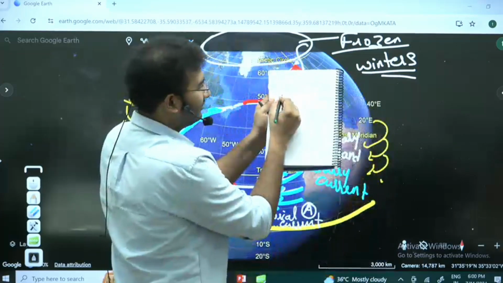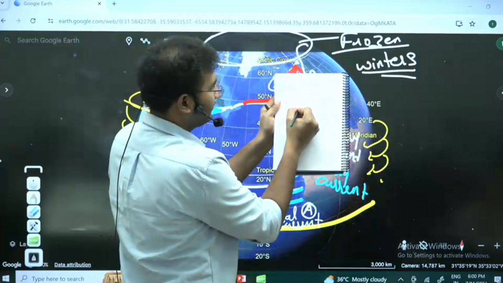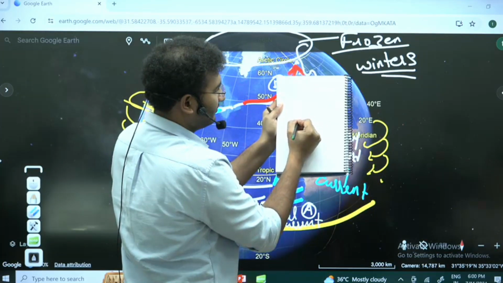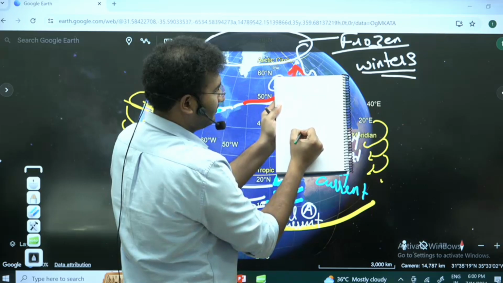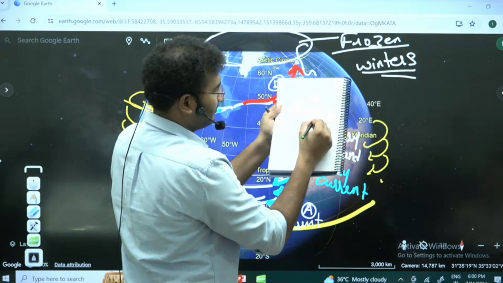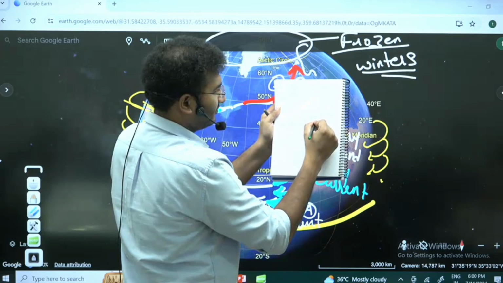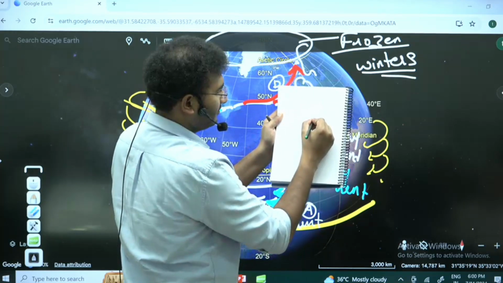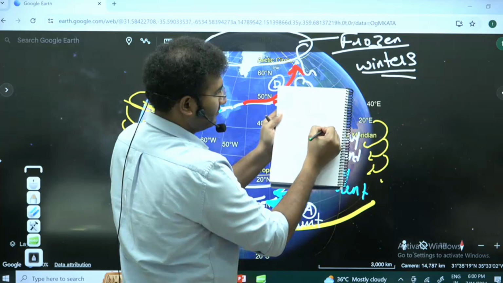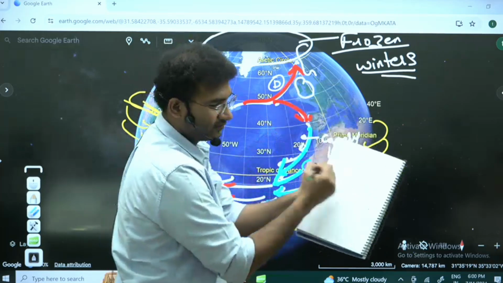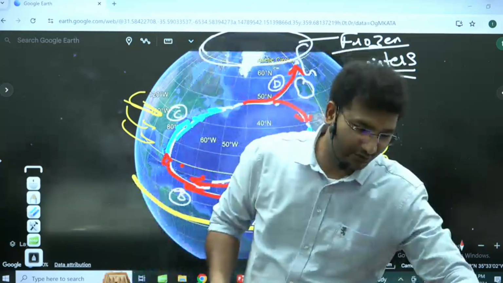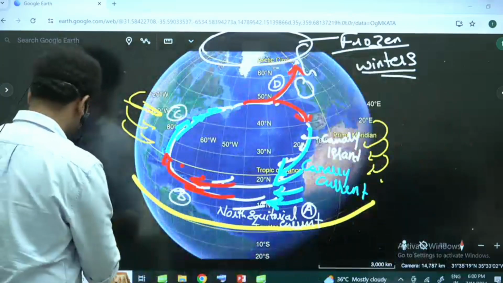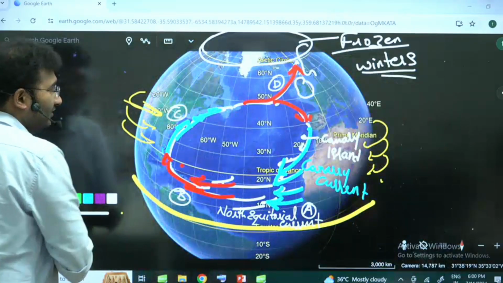So you can also draw like this. Now you can start, instead of showing it on a round map. Okay? You can use red color and blue color pens. Any doubts here?